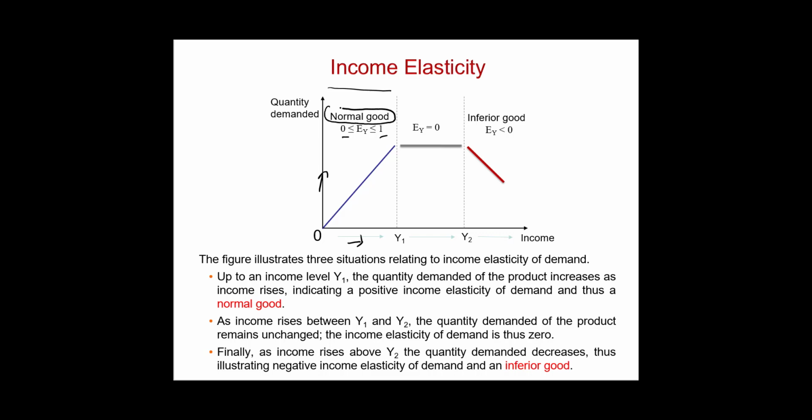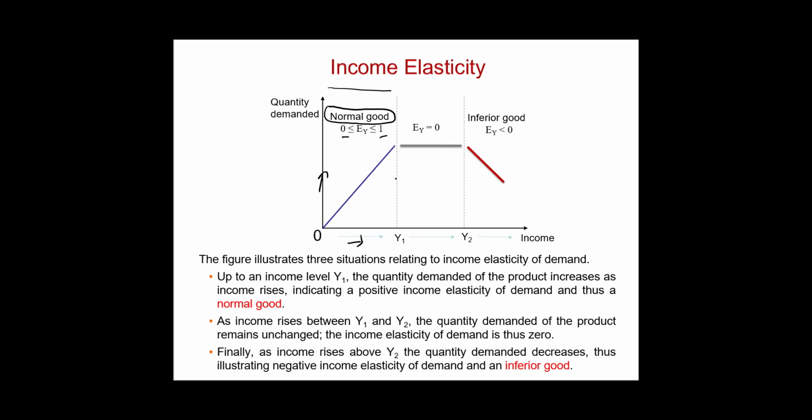For normal goods, quantity demanded increases as people earn higher incomes. So these are our day-to-day consumption goods, clothing, and some other goods that we usually consume maybe as necessities as well. So this upward sloping line simply tells you that there is a positive relationship between income and demand for the product.